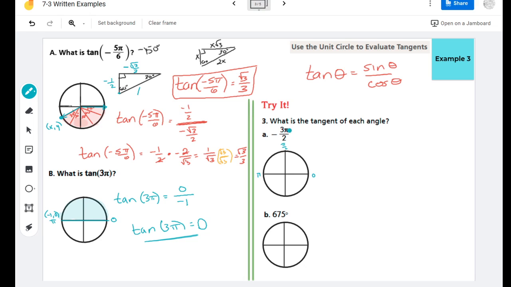So if I'm doing negative 3 pi over 2, what I'm doing is going backwards 90 degrees 3 times, because I'm calling this negative 3 times pi over 2. It's negative 3 times 90. Hopefully that'll help you to see it a little bit.